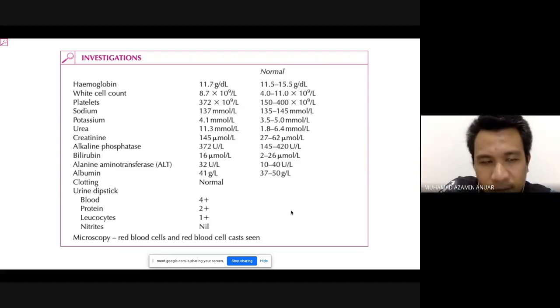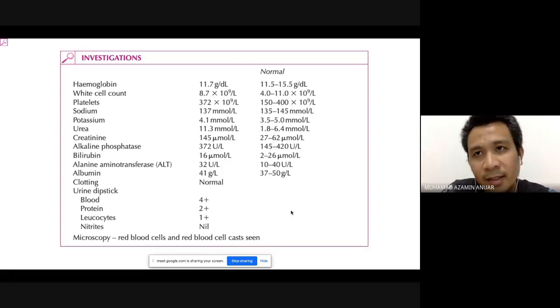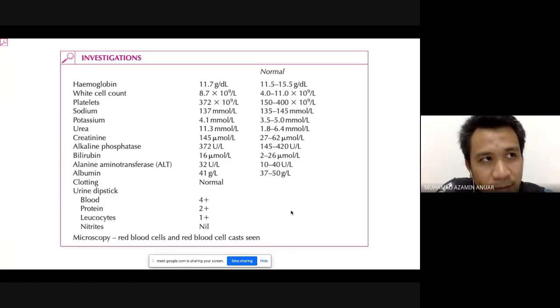So basically it's the same as other conditions lah. Sebab dia inflammatory process kan. Dia macam ada vasculitis. So kalau dia ada vasculitis, the blood vessels tend to be leaky. So kalau dia leaky, dia akan ada leaking of the red cells to the glomeruli, and also akan ada a bit of protein yang leak as well to the urine.